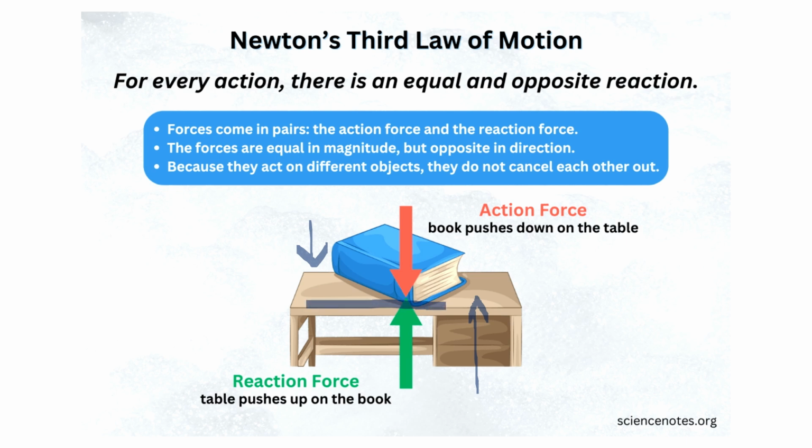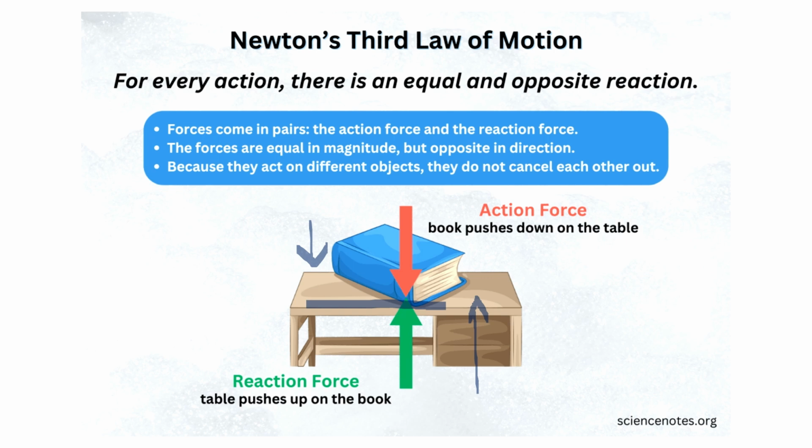The explanation. Action: the book pushes down on the table due to its weight and the gravitational force. And the reaction force: the table, in turn, pushes up on the book with an equal and opposite force known as the normal force.